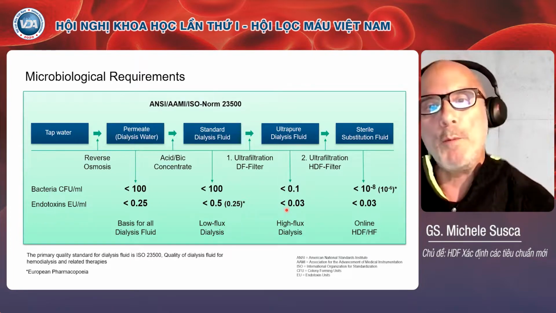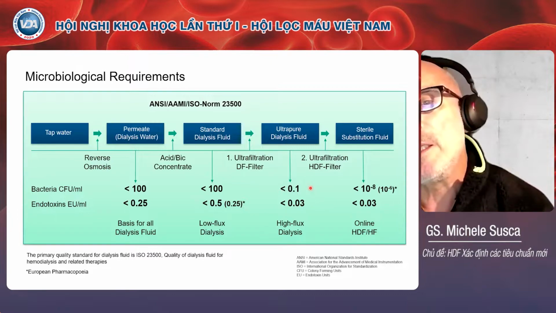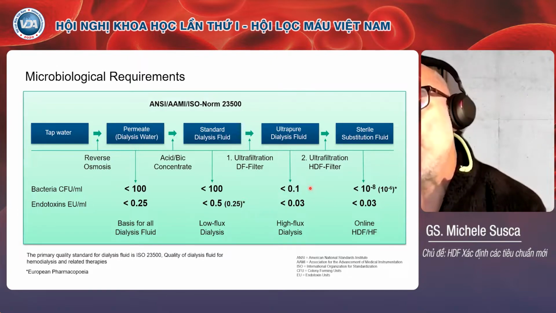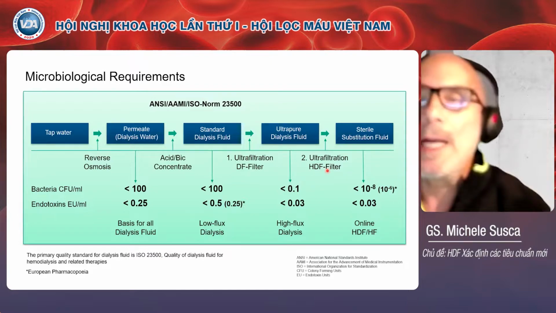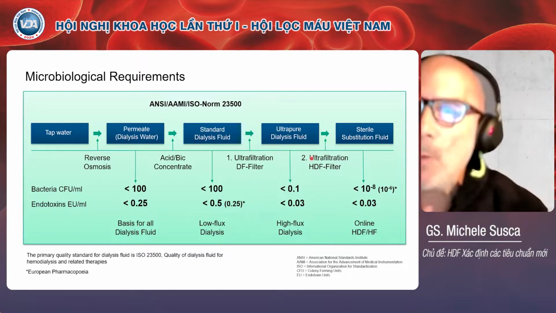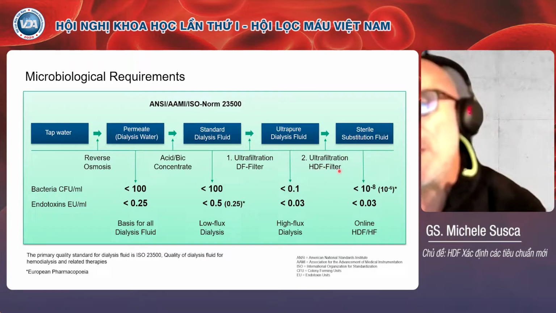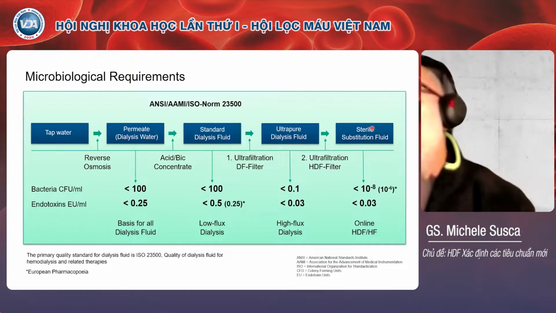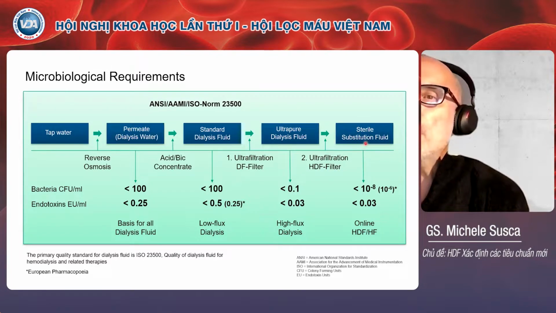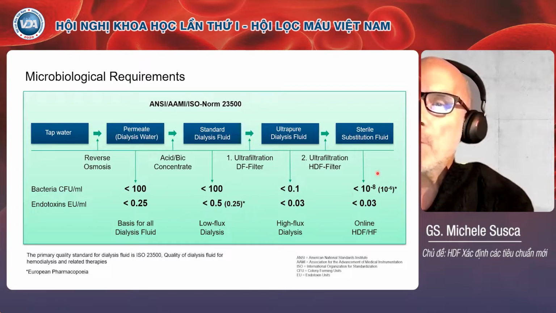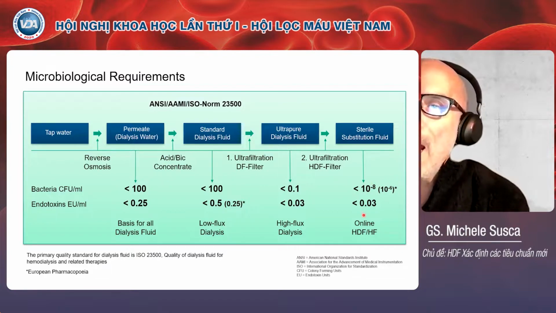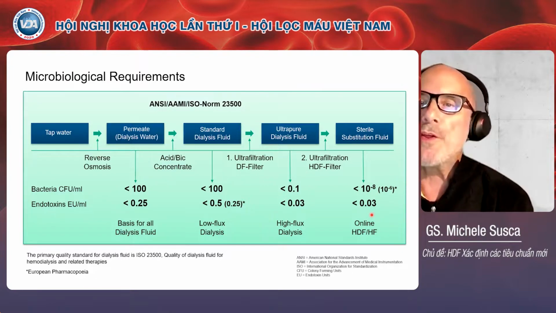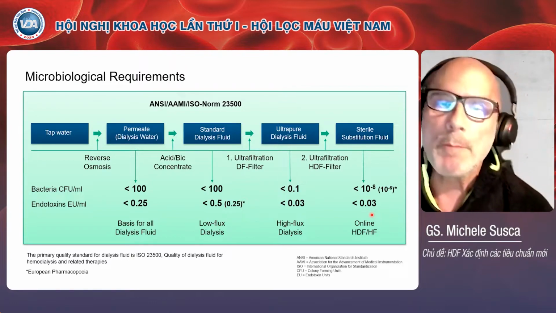But just to be more sure, usually the dialysis machine, which is able to do HDF online, can filter this fluid one more time through a second, similar, identical filter, which we call the HDF filter. And so we get sterile substitution fluid with a concentration of maximum 10 to the power of -8 CFU and endotoxin 0.03 units per milliliter.